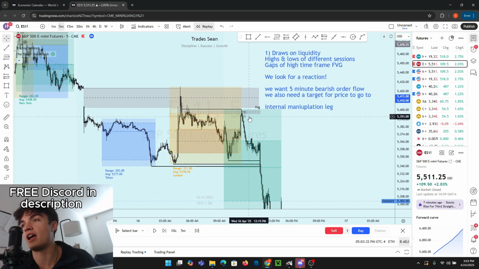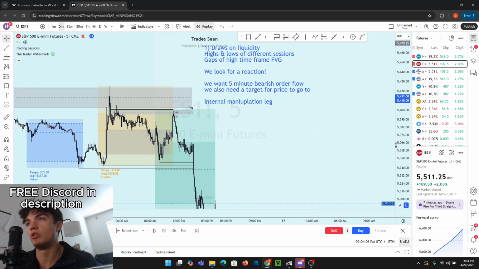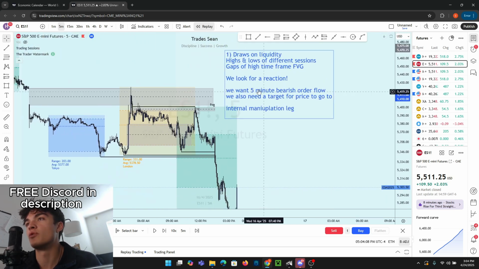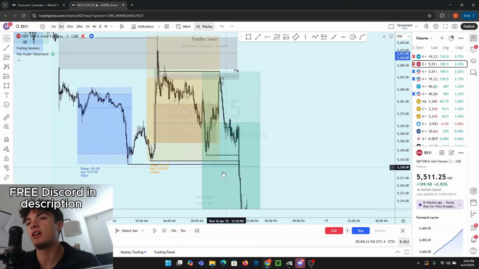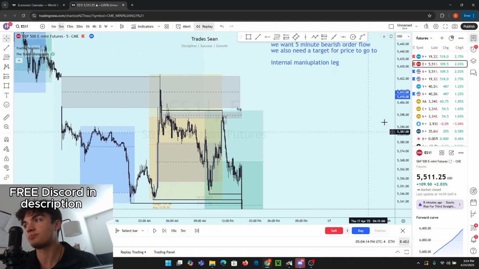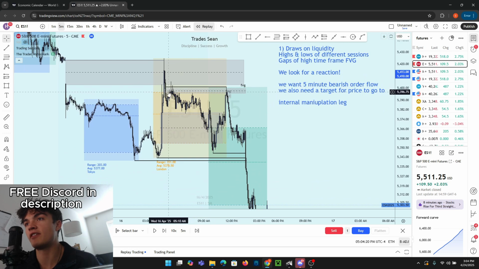We look for that reaction, we see that reaction, and we want 5-minute bearish order flow. So we see our draws on liquidity, we see the highs and lows of the session, we see our draws down here. We see manipulation internally at this 5-minute fair value gap, also sweeping out all of these highs.